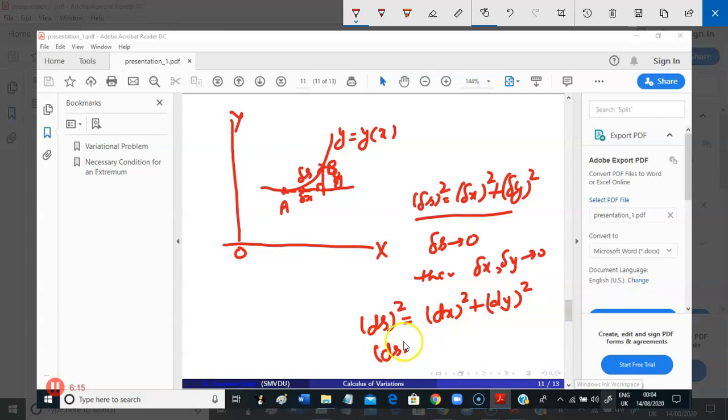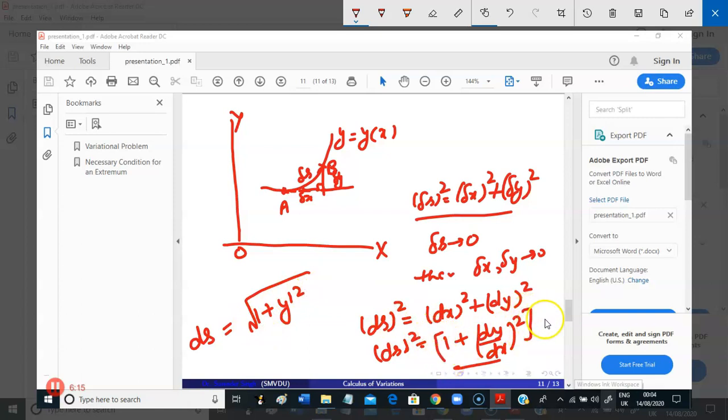or you can write ds square equals 1 plus (dy/dx) square, or you can simply say this is ds equal to square root of 1 plus y dash square, and here when you are taking ds square common, you are having dx square over here, and here you have dx.